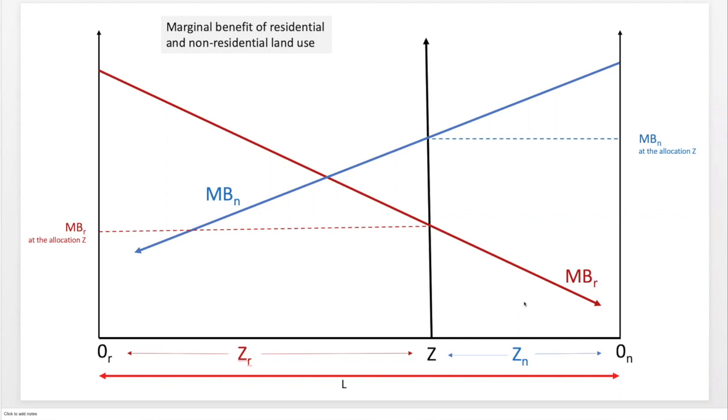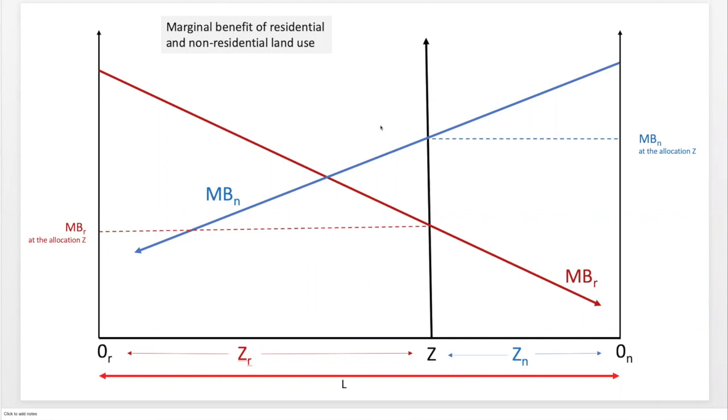Either of these curves might be located higher or lower than the other, even after adjusting for the symmetry. In this particular depiction, the marginal benefit from non-residential use is higher than the marginal benefit from residential use. And that has a significant implication.